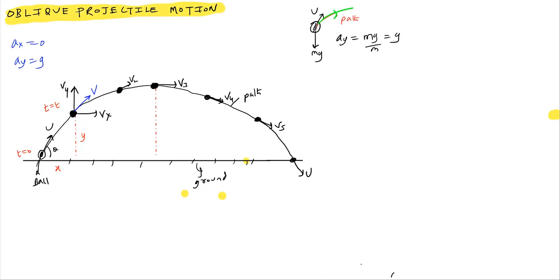Then let's come to a few quantities one by one. This particular thing is called the range. The maximum horizontal distance covered by the ball in the curved path is called the range. So this is called the range.